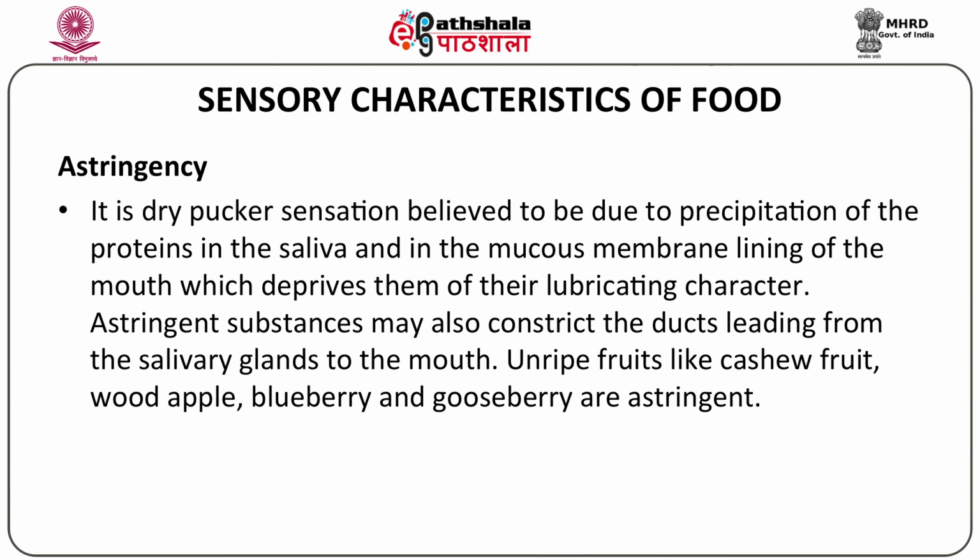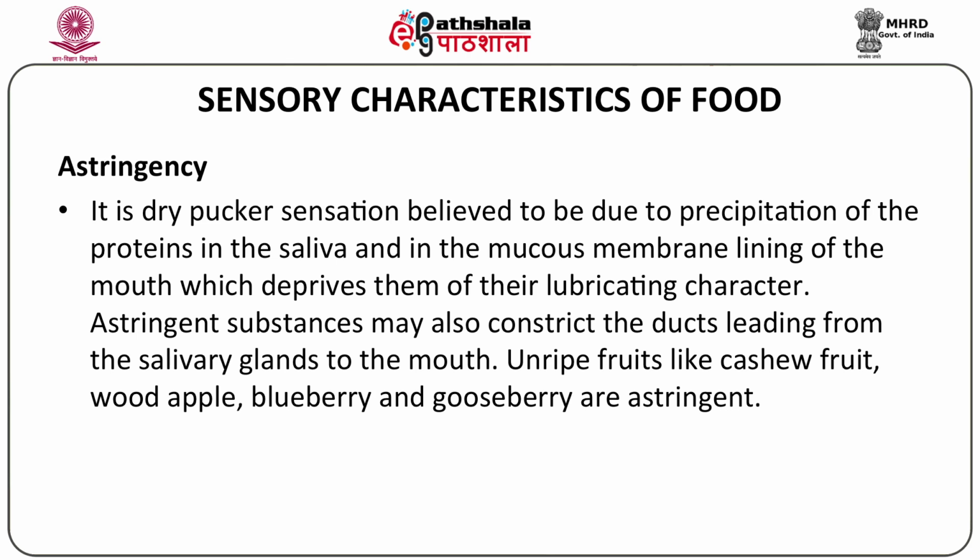Astringency is another important factor. What is astringency? It is a dry pucker sensation believed to be due to precipitation of the proteins in the saliva. We know most of the foods have a protein component, and when this precipitates in the saliva, which is after it comes in contact in the mouth and in the mucous membrane lining of the mouth, this deprives them of the lubricating character.